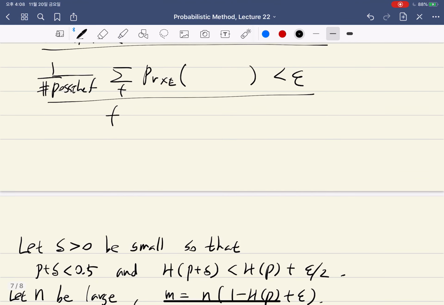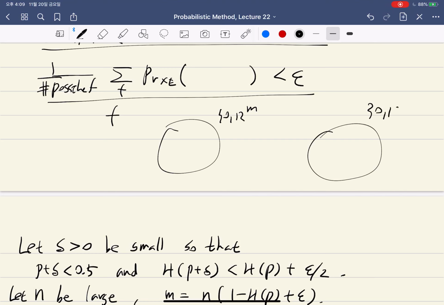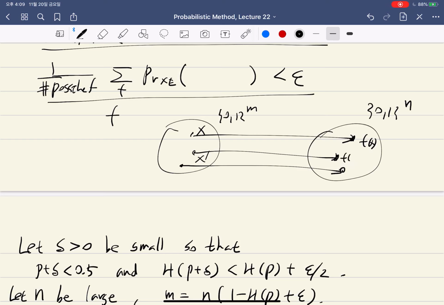Here is 0, 1 to the m, here 0, 1 to the n, x prime, f of x prime. E was added, so now your y is here.